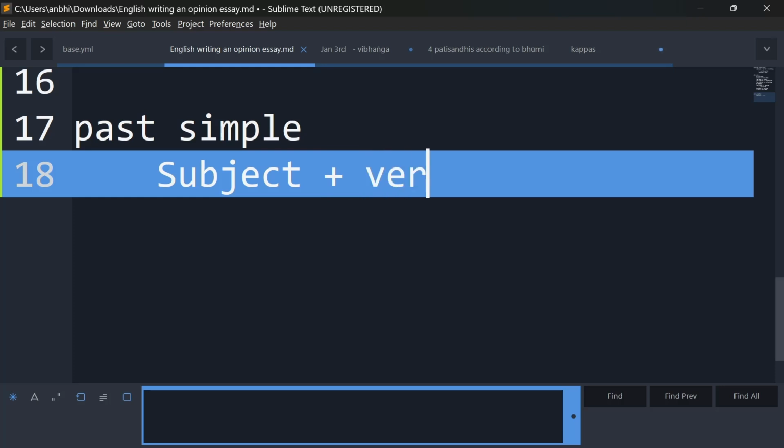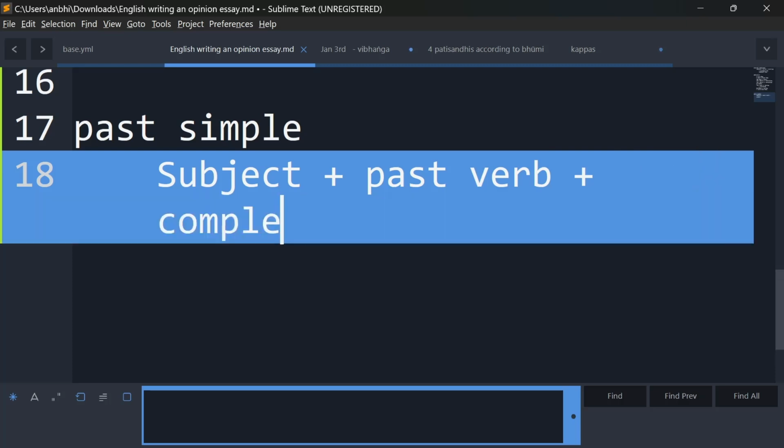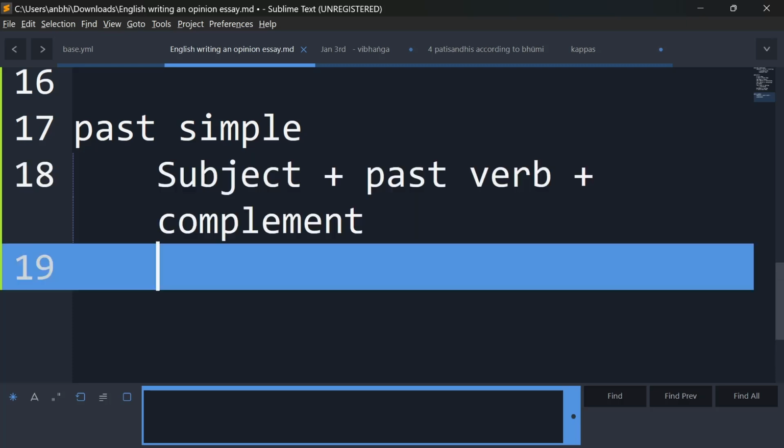Subject, then a verb in the past, right? So I'll put a past verb. And then maybe an object or a complement. Sometimes it's not an object, right? Okay, give me an example.